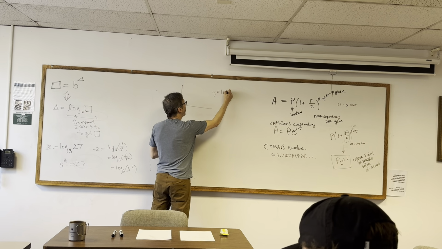Let's talk about how to use logarithms. The main use is to solve for an exponent. This is pretty much the only reason you would introduce a natural log. You've got a variable that's an exponent.